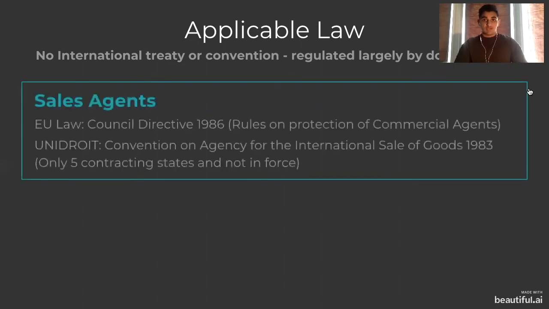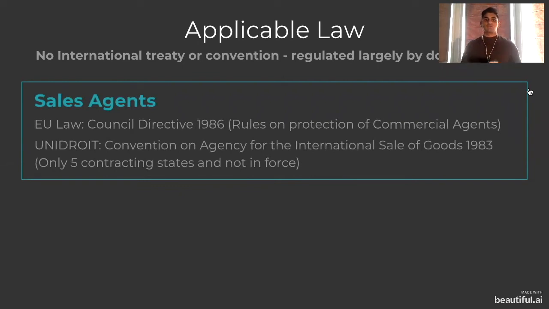But having said that, there have been some attempts to internationalize the law in both these areas. So in sales agents, in EU law, which is kind of a form of international law, there's Council Directive 1986, and that has some rules on the protection of commercial agents.